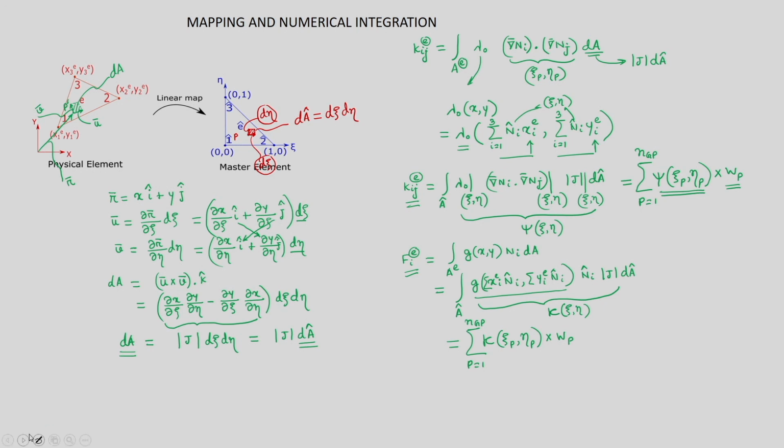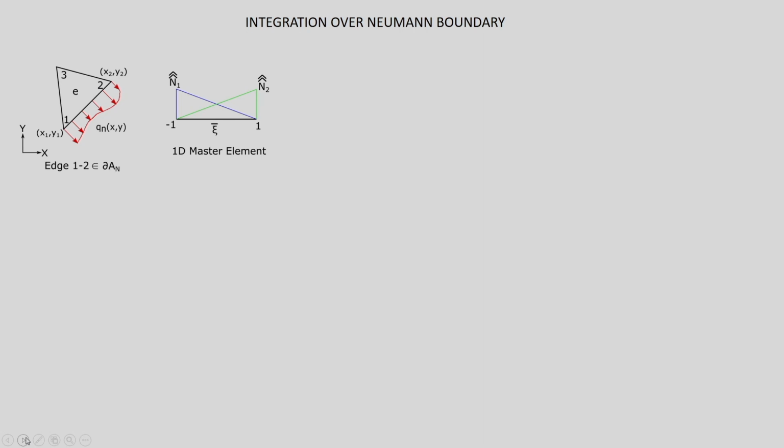To demonstrate the procedure to calculate the contribution of the Neumann boundary for a given element, I have taken a physical element E, and three sides of the element E do not have Neumann boundary, only one side of element E is subjected to the Neumann boundary condition, or you can say this side of the element is coinciding with the Neumann boundary. The other two boundaries may lie on the Dirichlet boundary, or maybe they are internal boundaries.